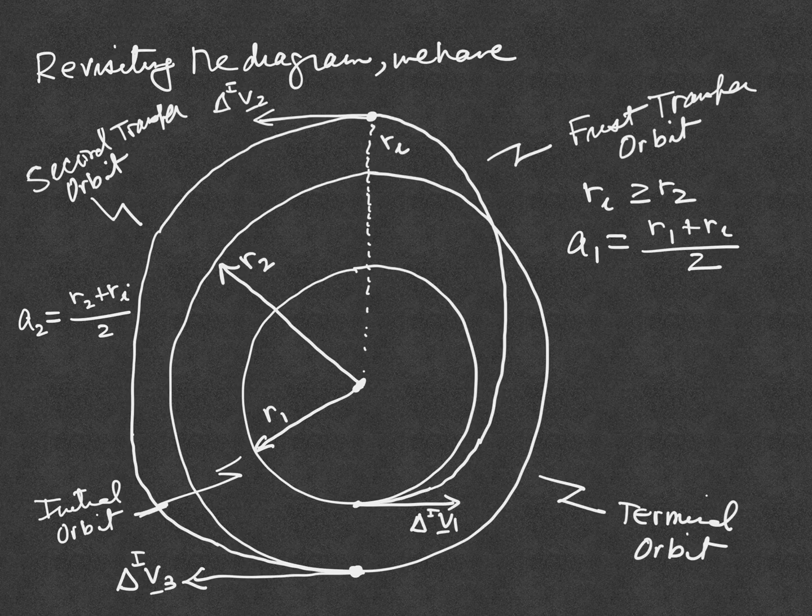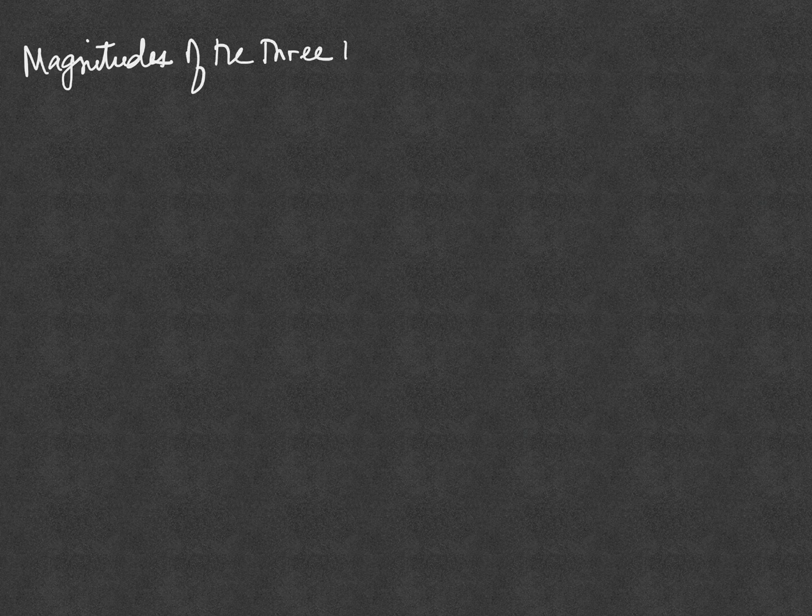So then using this information, we can determine the magnitudes of the 3 impulses for the bi-elliptic transfer.